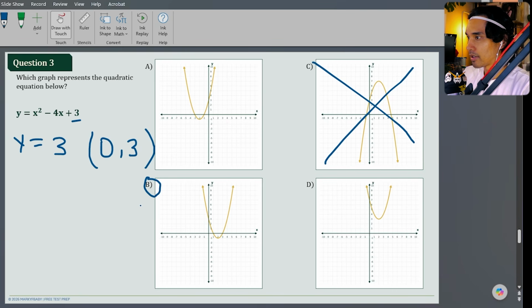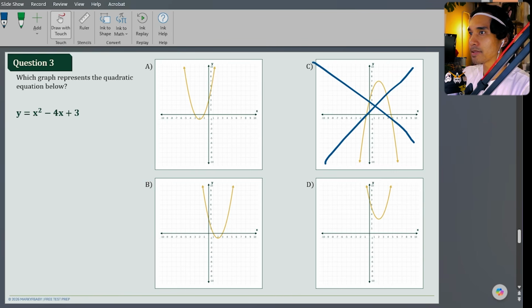And the last thing that we can do to verify our graph is to find the x-intercepts. So you could find the x-intercepts by factoring, right? This is bonus stuff, okay? However, this is stuff that you should know and where it's being used, right? y equals x squared minus 4x plus 3.